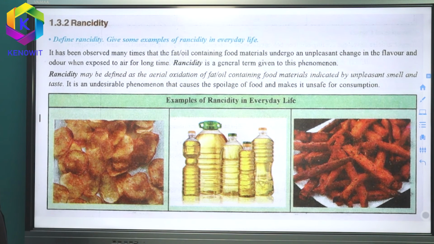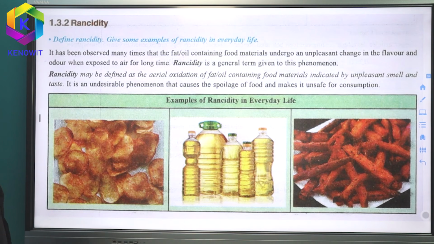Then rancidity. Define rancidity and give some examples of rancidity in everyday life. It has been observed many times that fats and oil containing food materials undergo an unpleasant change in flavor and odor when exposed to air for a long time.